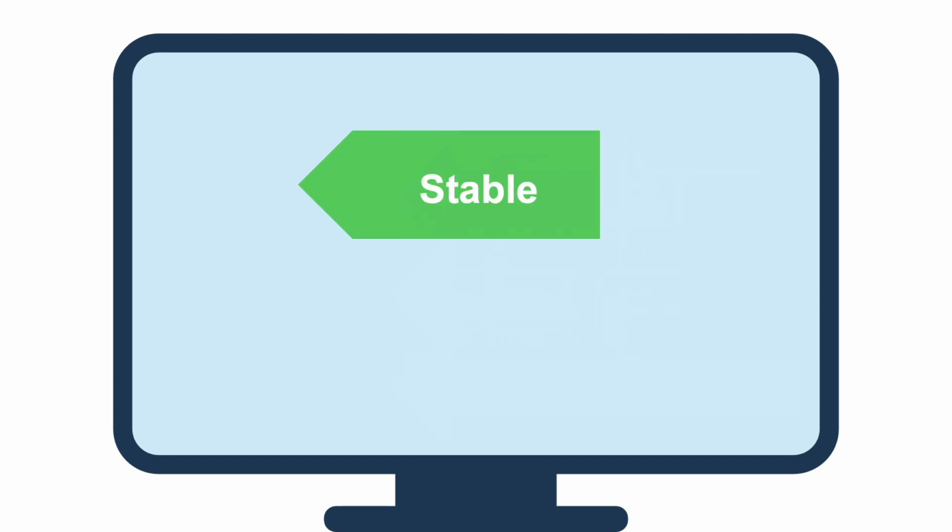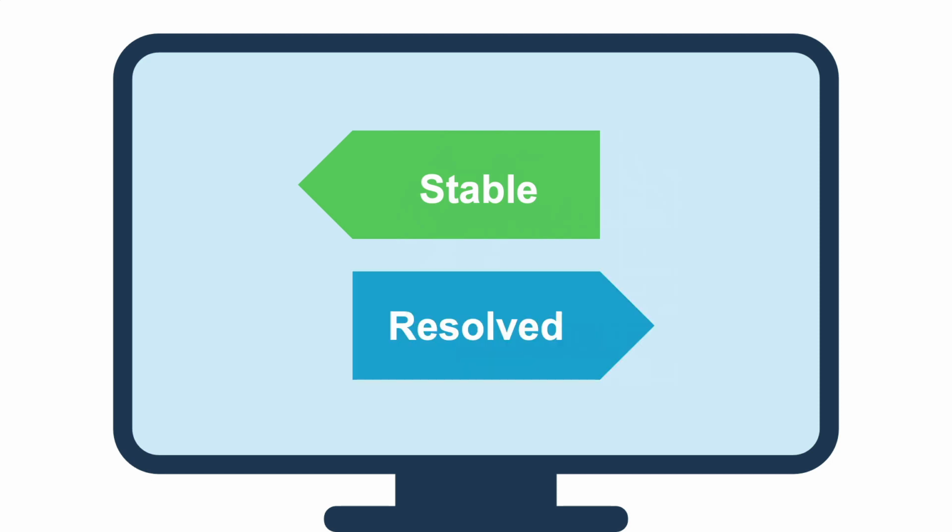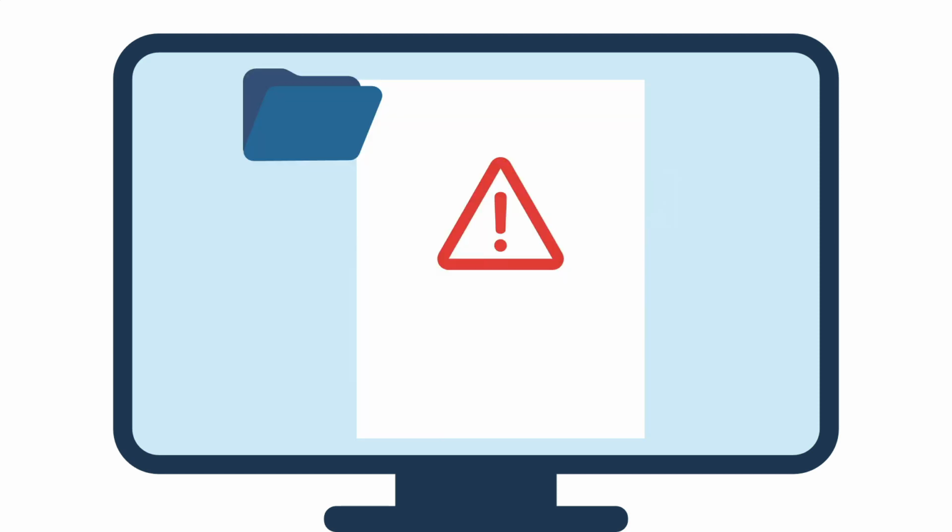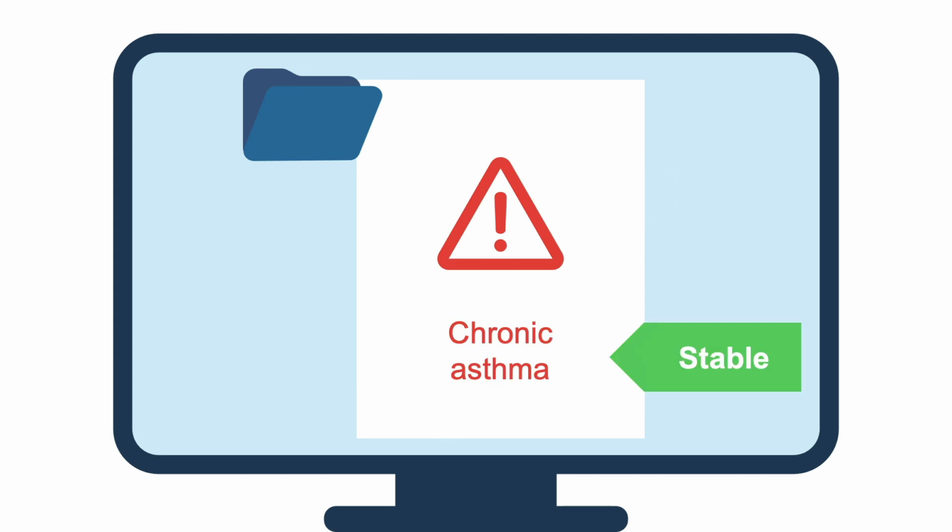admission. An extra tip to prevent your problem list from becoming a laundry list that is hard to sort through is to use qualifiers like stable or resolved. This helps separate clinically active problems from problems that are stable or less active. For example, if our patient has a history of asthma without any recent exacerbations, you could label this problem as chronic asthma stable.